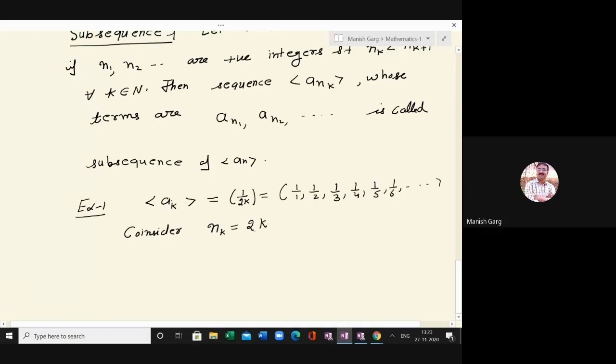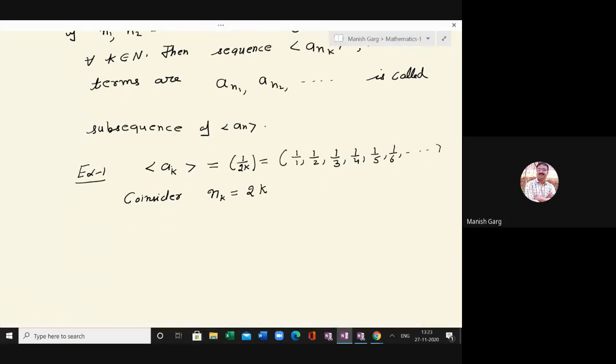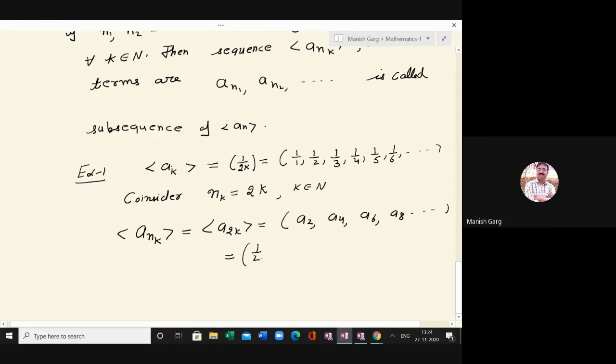So if you take n_k equal to 2k, what will be the sequence a_(n_k)? You can write this as a_(2k), where k is 1, 2, 3. This will be a_2, a_4, a_6, a_8, like that. That is, a_2 is 1 by 2, a_4 is 1 by 4, 1 by 6, 1 by 8.